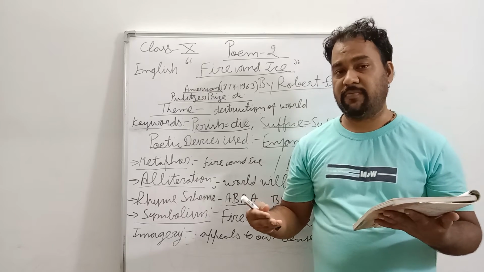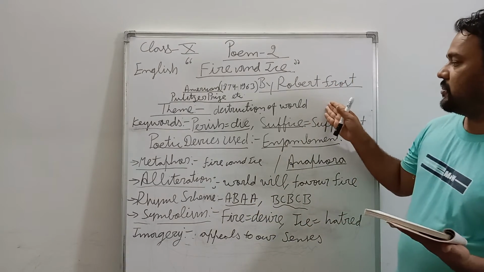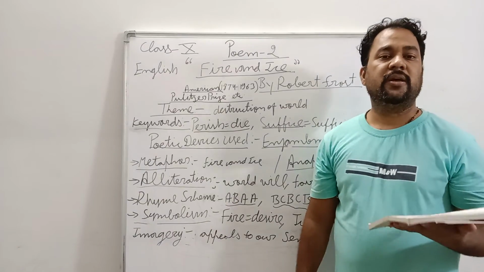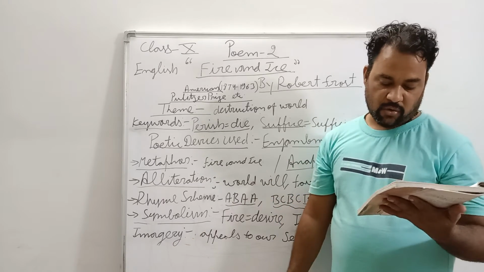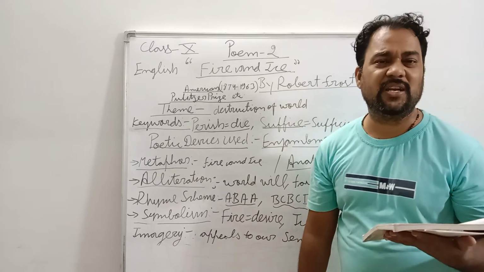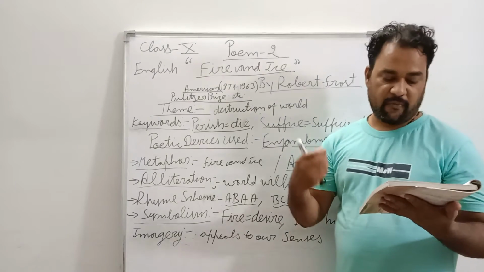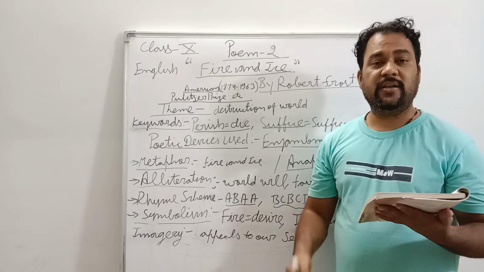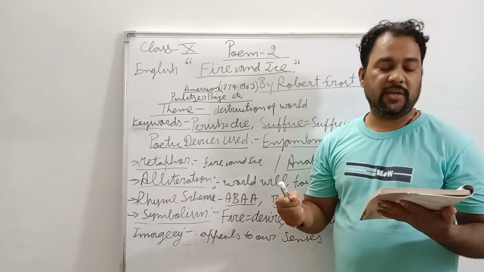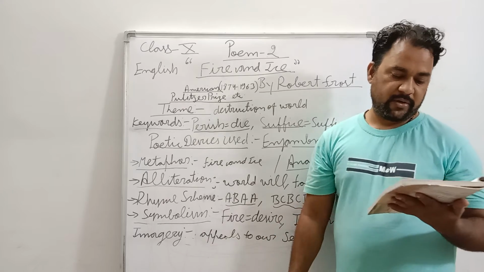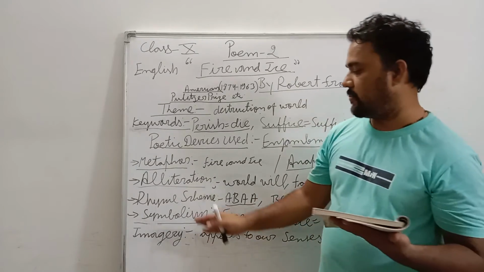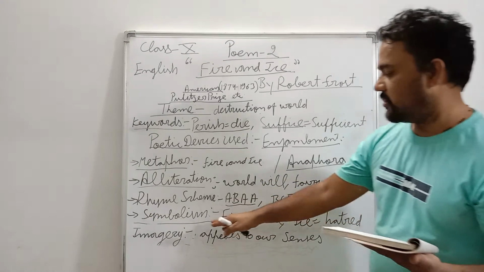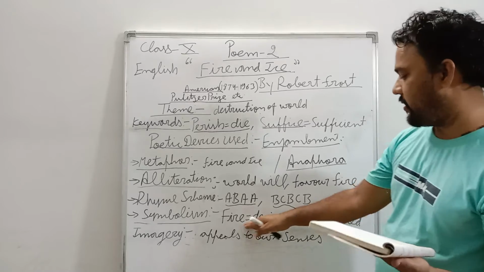And the poet says further that if the world has to end twice, if there is any other thing by which the world can end, it is hatred, ice, cold behavior, insensitivity, intolerance, indifference, coldness. That would suffice; that is sufficient for the end of the world. So, dear students, symbolism is used here because the poet uses the words fire and ice.